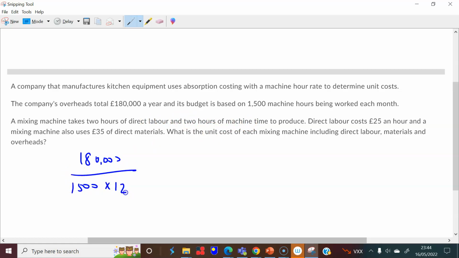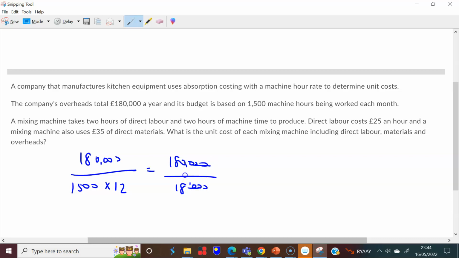So over a year, you have 180,000 over 1,500 times 12, which is 18,000. So what you now have in effect is £10 per machine hour.